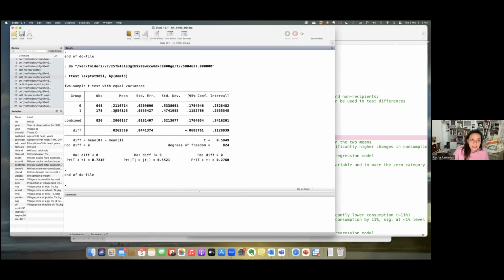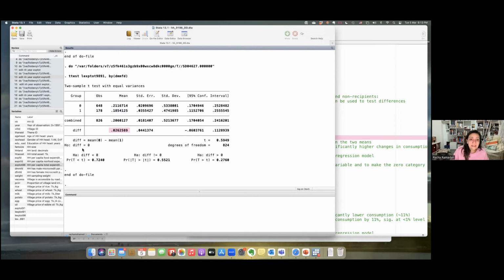So it shows you here the number of observations who are not treated, who are not beneficiaries of the program, the number of observations who are benefiting from the program, the mean of the variable of interest, the standard deviation. We have the difference, so the difference is positive, and you have the test comparing the two means.